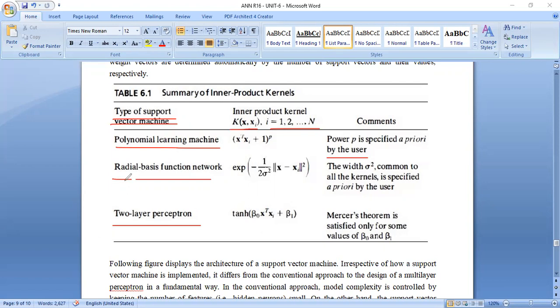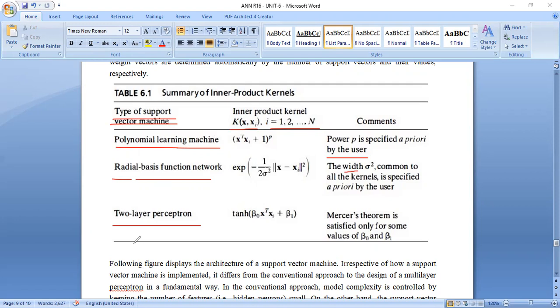Coming to the second one, the radial basis function network, the equation is e to the power of minus 1 by 2 sigma square times the norm of x minus xi, squared. This is the general radial basis function, right? Here sigma square is the width, which is common to all the kernels and is specified by the user.